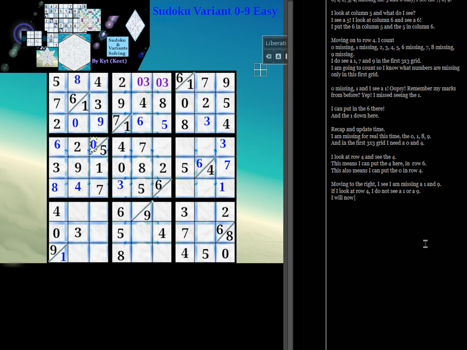I will now look at row 6. I see the 1, so I know I must put a 9 here instead.